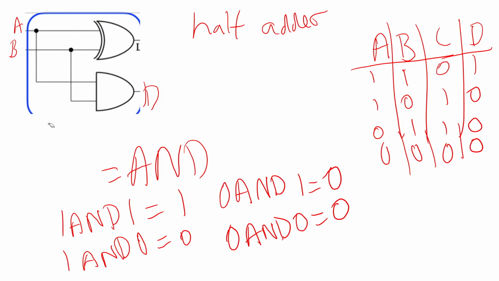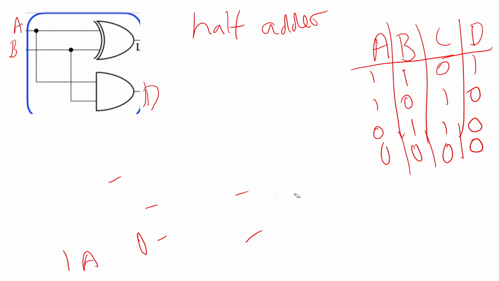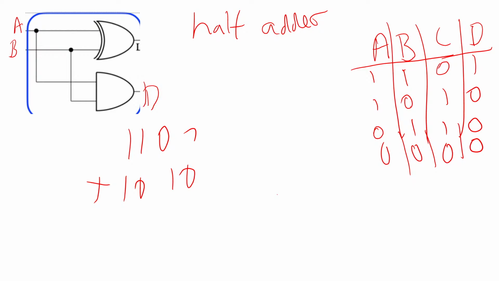So this is what our truth table looks like. Now, what do we notice about this truth table? Let's see what happens when we look at 1100 plus 1010. Let's start from the bottom, just because it's easier. 0 and 0 is 0, no carry bit here.